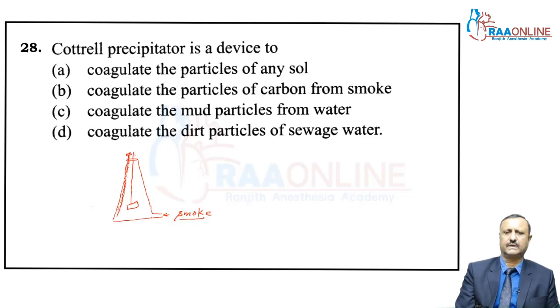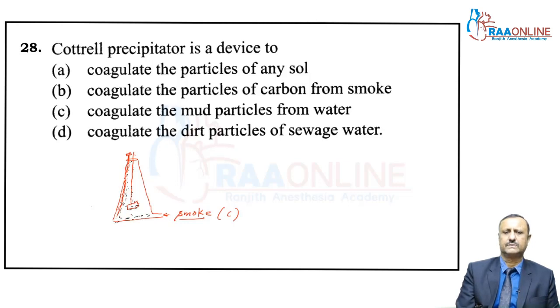So, here smoke, dust or carbon particles from the smoke are neutralized, and these carbon particles, when neutralized, are deposited in this area, and you can get the dust particles.